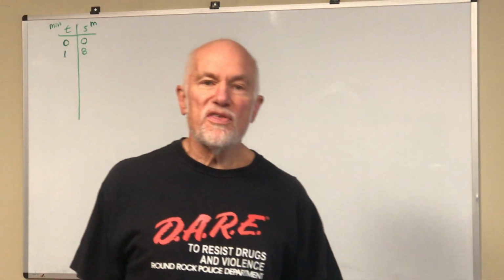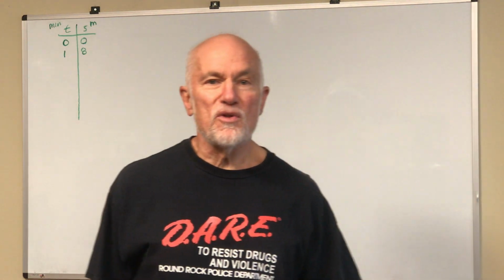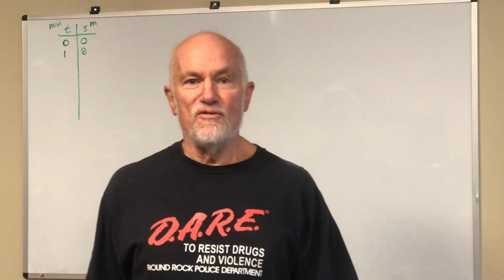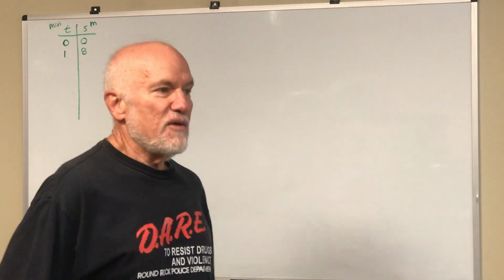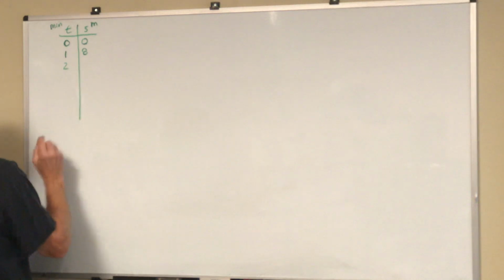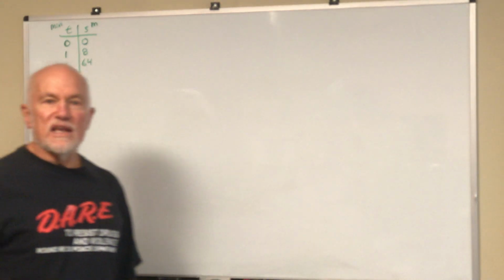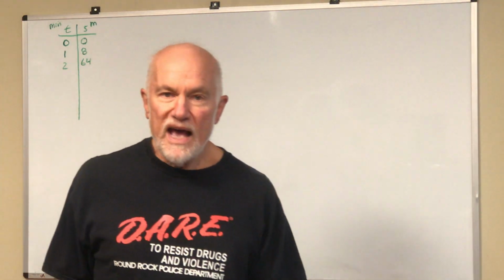Now, you probably think that isn't an awful lot, but we're both over 70, so we have a little trouble getting going at the very beginning. Anyway, we keep going, and at the 2 minute mark, we're at 64 meters. So we're starting to get a little bit faster as we're going on.